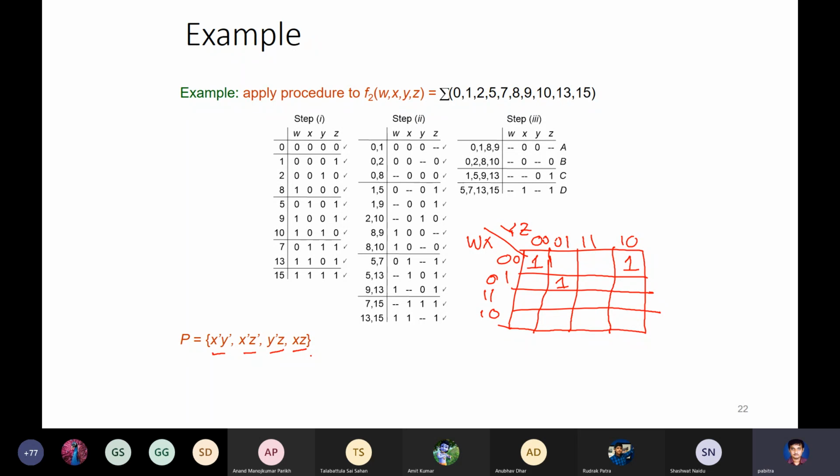So I have this set of four prime implicants because of this procedure. And my question is, somebody has asked me to minimize.